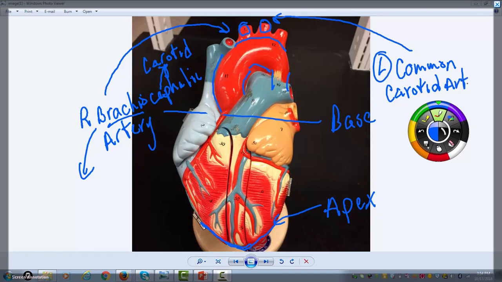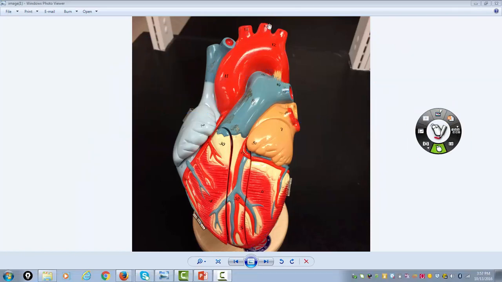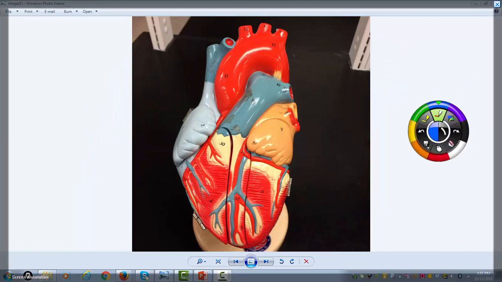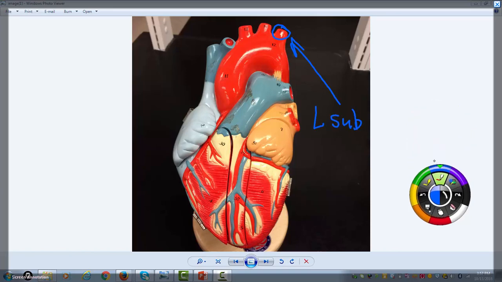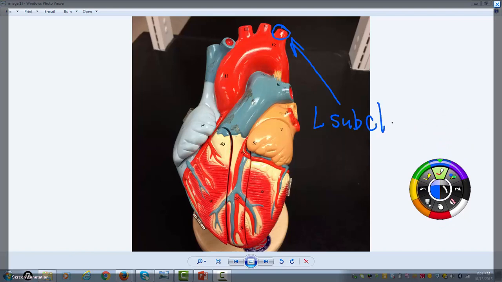And those supply oxygenated blood to the brain. So if somebody gets plaque buildup in their carotid arteries, then they can have strokes. So you don't want that. You should write that down. Then you have this little artery right here, and this is called the left subclavian artery.